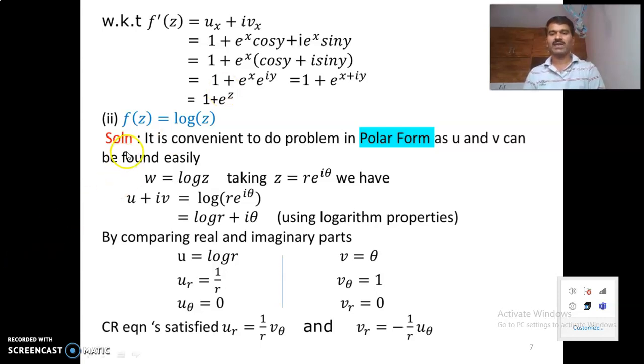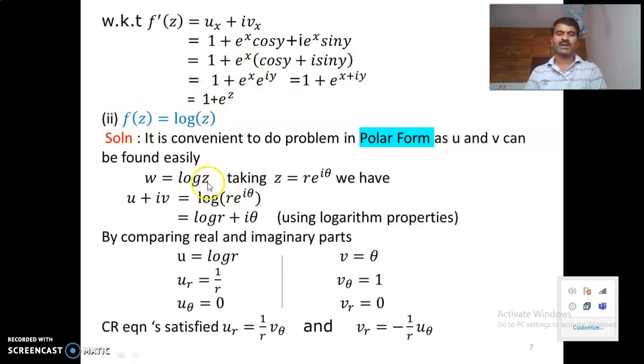Then the second problem, where the function given is a logarithmic function. Usually it is convenient to take the polar form, so we replace z equal to r e to the power of i theta, and w by u plus iv.